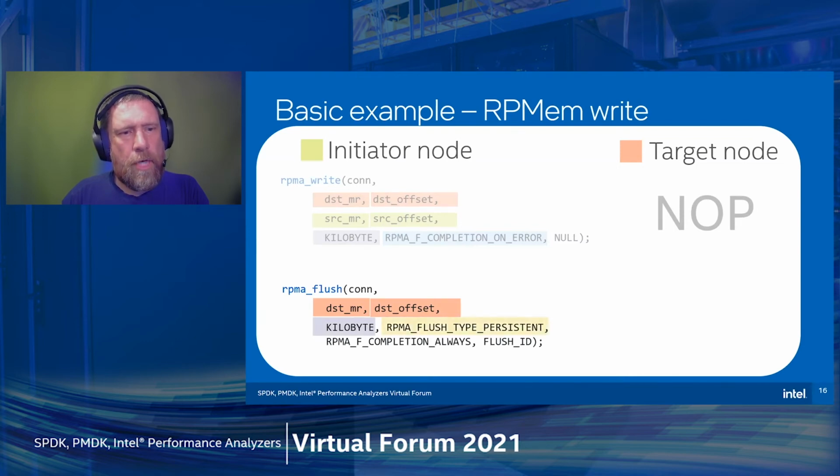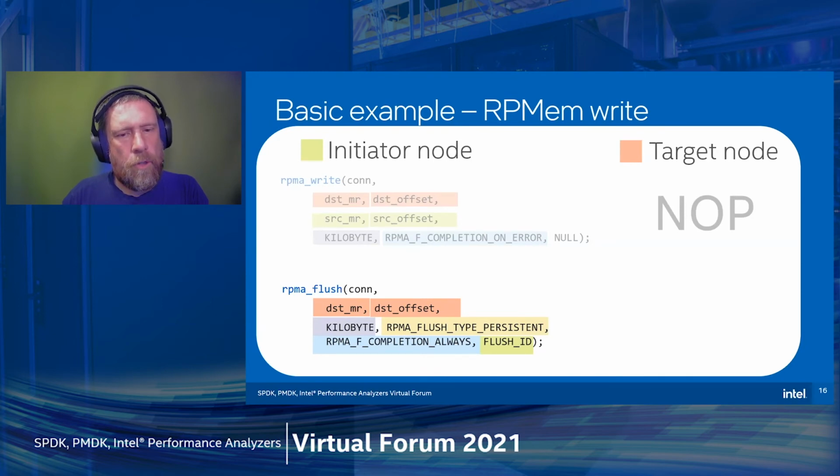You have to choose the type of flush you want to perform. In this case, it is a persistent flush. And unlike the write operation, it's good to have the completion for the flush, just to be notified when the data on the target node is persistent. The user-provided identifier will allow you to recognize the completion of this specific operation.